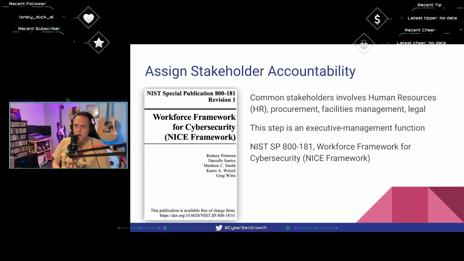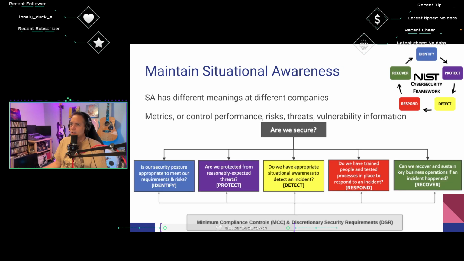If you feel like you are a part of the executive team, and this is something you can do yourself, like determine who your stakeholders are and assign accountability to them. Those are just my thoughts on that piece there.